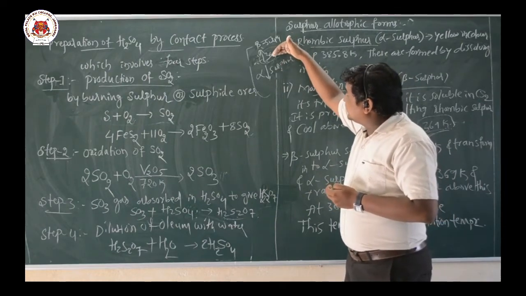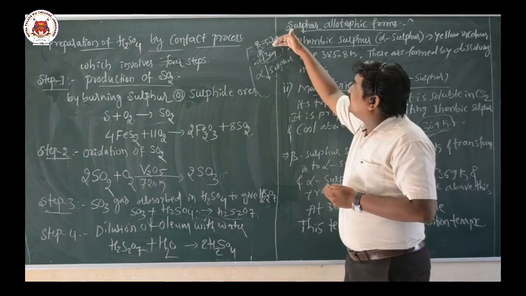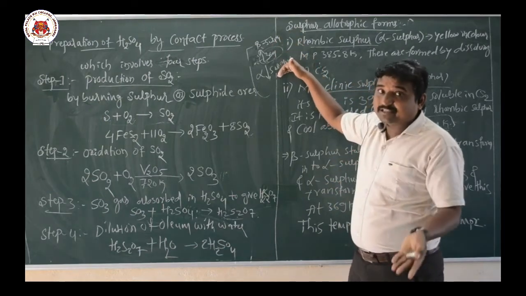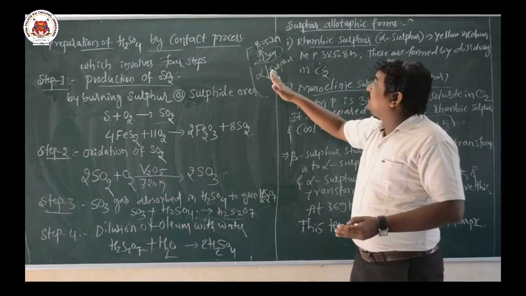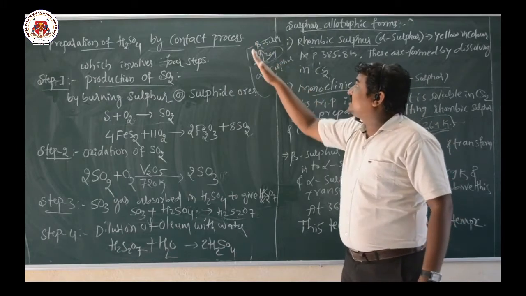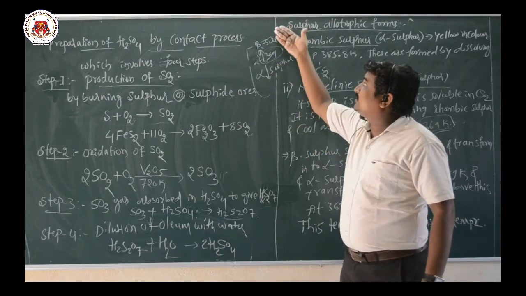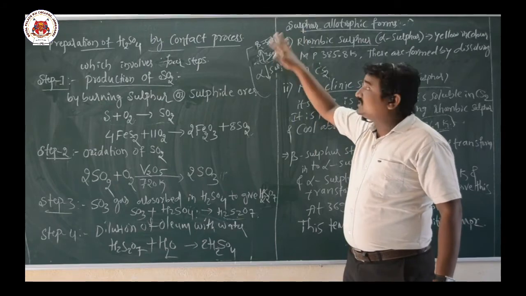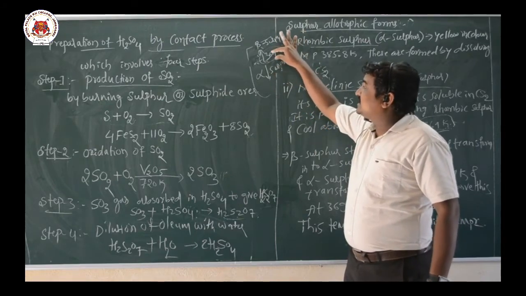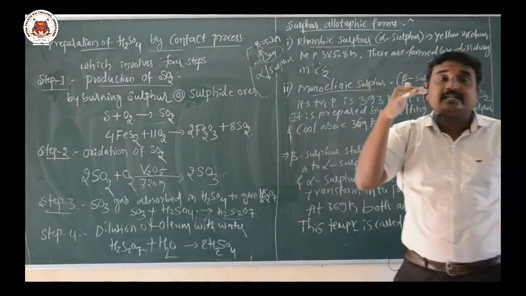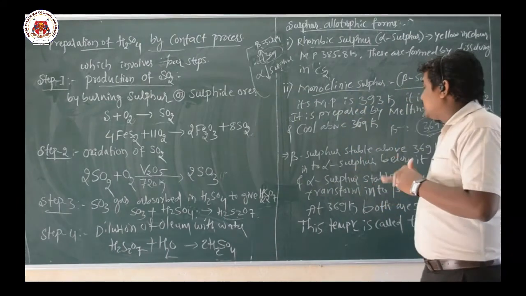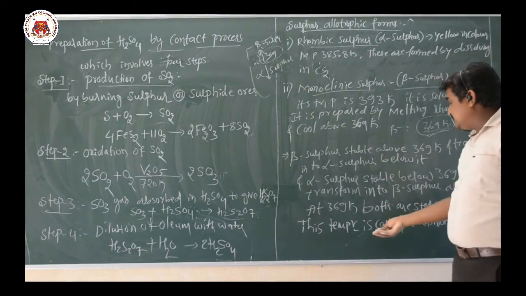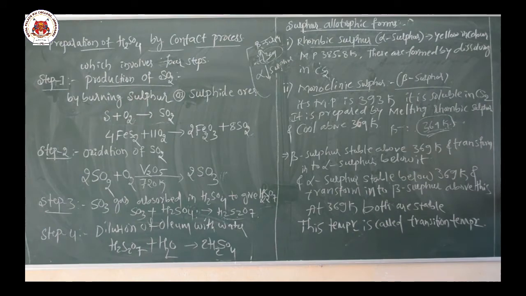When the temperature decreases below 369, the beta sulfur is converted into alpha sulfur, whereas when the temperature increases above 369, the alpha sulfur is converted into beta sulfur. At the particular 369 Kelvin temperature, both forms are stable. So that temperature is called the transition temperature.